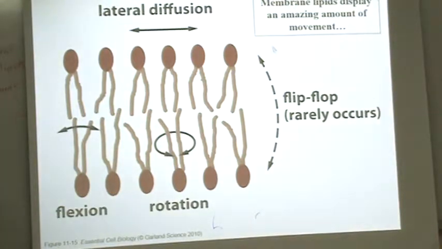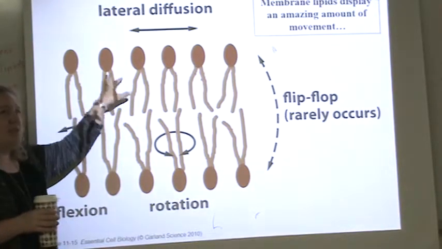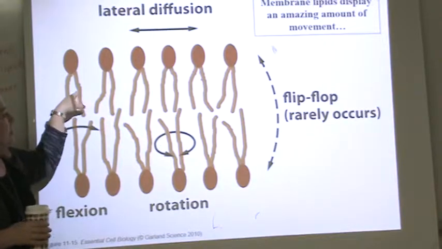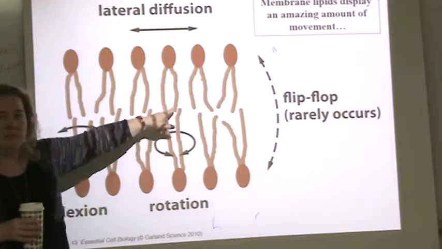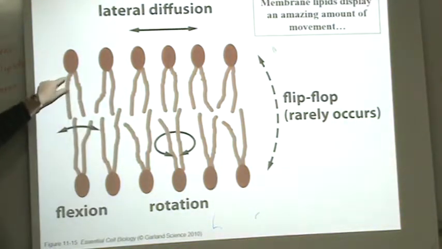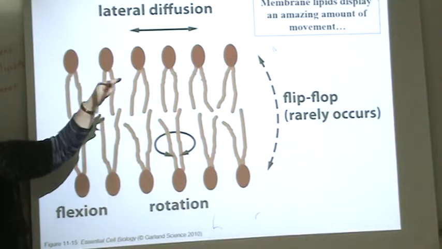So this is like if you're in a crowd at Rhythm and Roots, you can squeeze by, wedge past people, make your way from here to here with some jostling, and individual phospholipids will move in that way laterally.